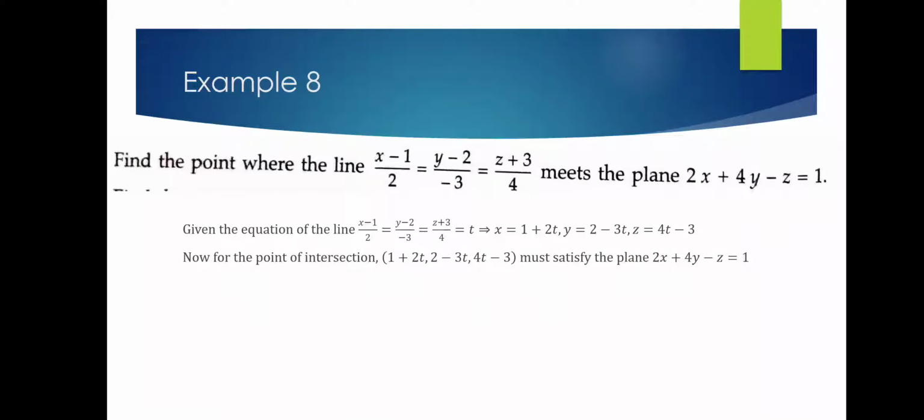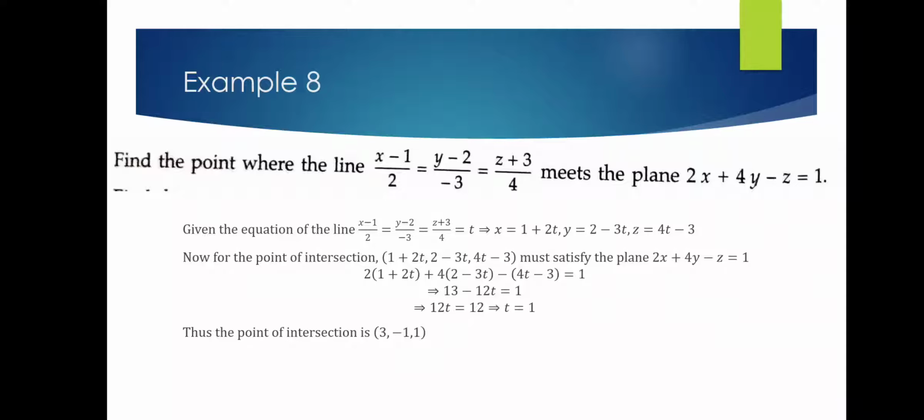If I put it into the equation of the plane and calculate, I get the value of t equal to 1. So let us put that back: x equals 1 plus 2t, y equals 2 minus 3t and z equals 4t minus 3, and therefore the point of intersection is 3, minus 1 and 1.